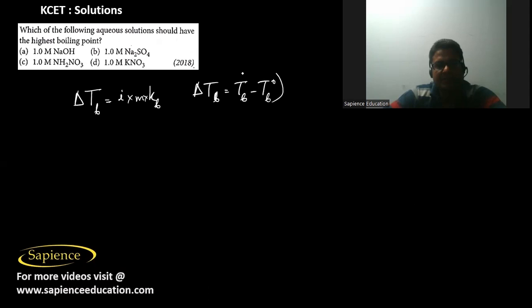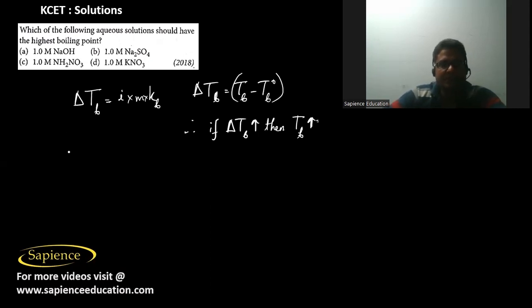It means the boiling point of the solution minus the normal boiling point of the pure solvent. So if the elevation in boiling point is the highest, then the boiling point of the solution will be the highest.